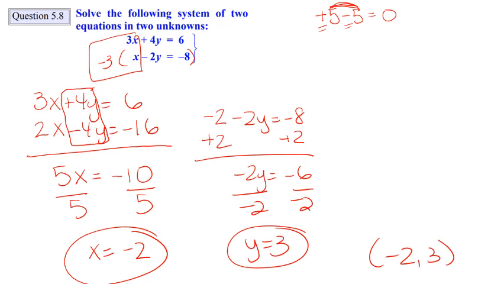So you have an option of eliminating the x or the y. I chose to eliminate the y's because it was easier just to multiply by 2. But if you want to test it out right now, you can go ahead. Negative 3 will work for this problem, and you will get the same answer. Your work will look a little different, but your outcome will still be the same. So you can eliminate either variable.